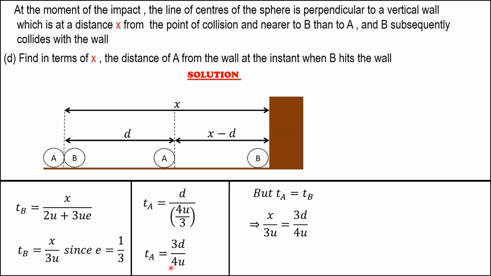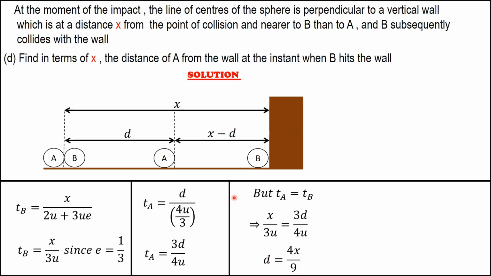So equating them, we get x divided by 3u to be equal to 3D divided by 4u, from which, further simplifying, we get the expression for D in terms of x, that is D is going to be equal to 4x divided by 9.